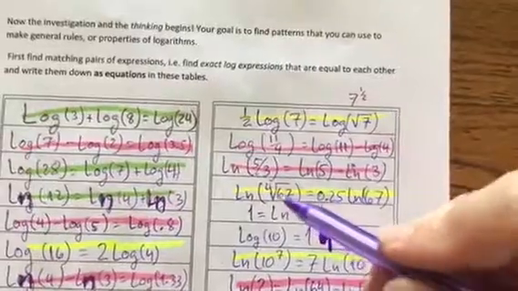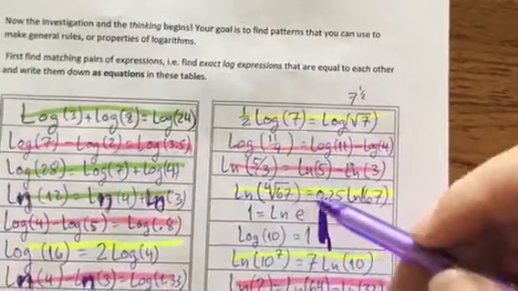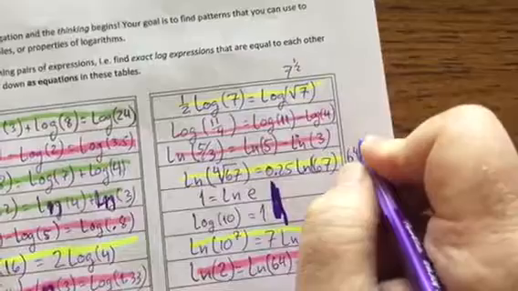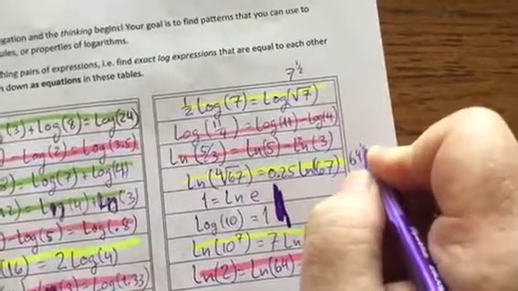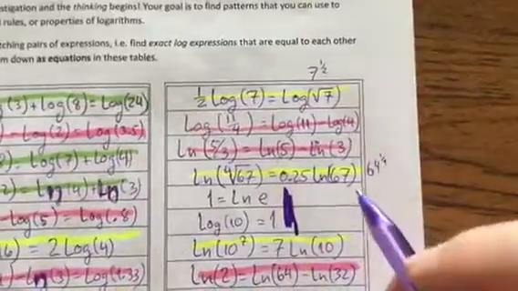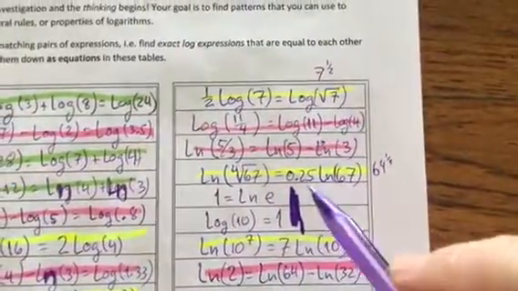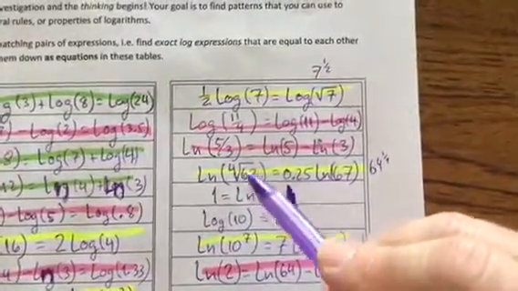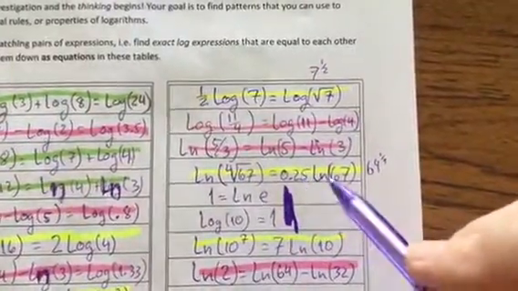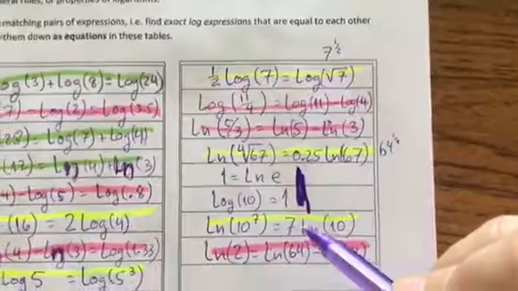And even here, the 4th root of 67, well, that's like using an exponent of 67 to the 1/4 power. And of course, 0.25 is the same thing as 1/4. So it's the same kind of deal there. 67 to the 1/4 power here is 1/4 times natural log of 67.